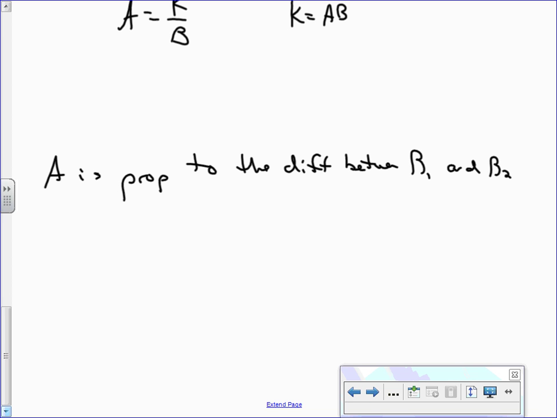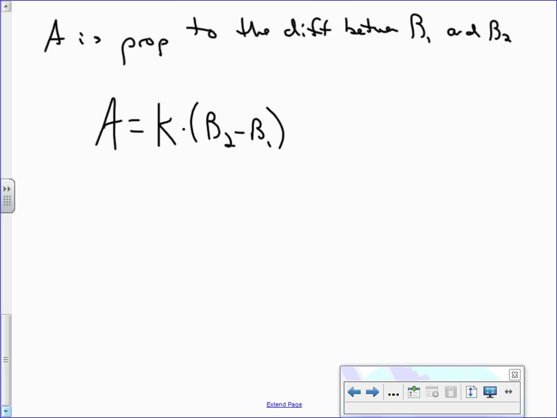Wait, everybody write something down. Did everybody write A equals? Did everybody write K? Yes, and times. And then what do I put? The only thing I usually get is people forgetting those things. So you just have to watch out for what is proportional to what.